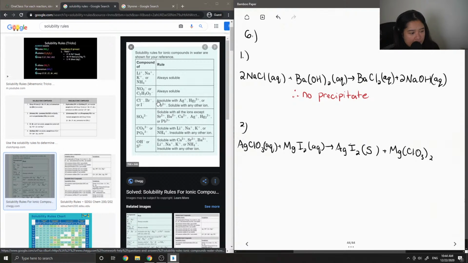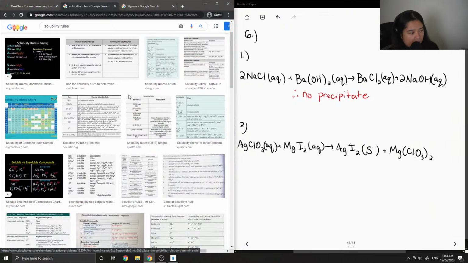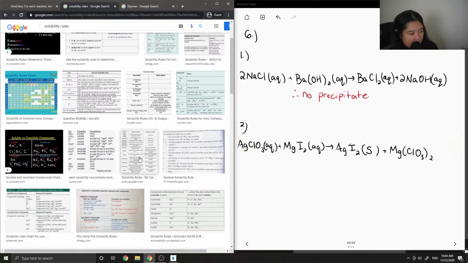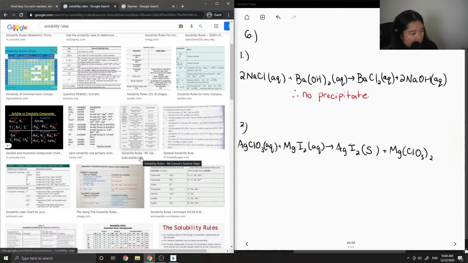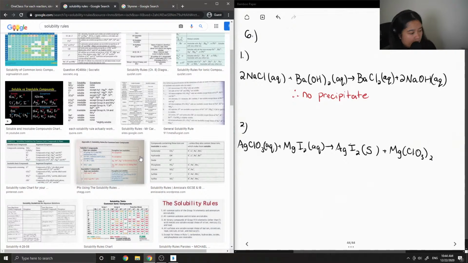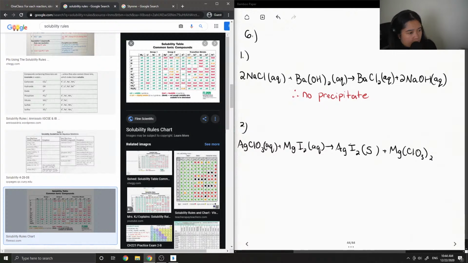And in the case of the magnesium, I believe since it is a 2A ion, let's try to find a table that has it. I believe this compound is just soluble.